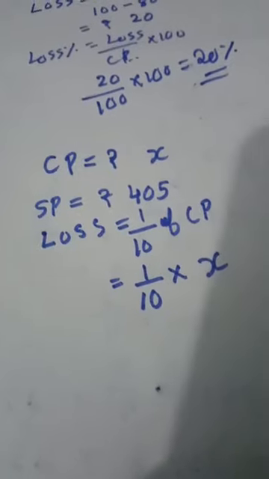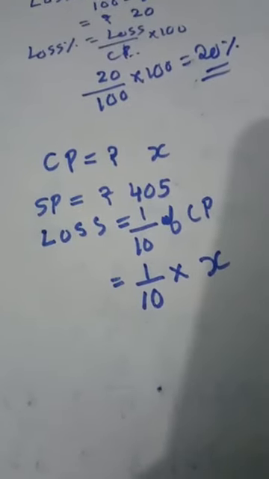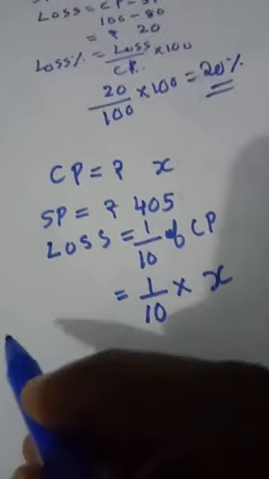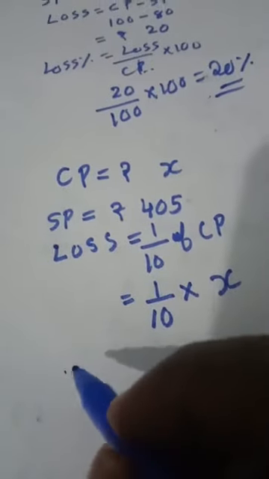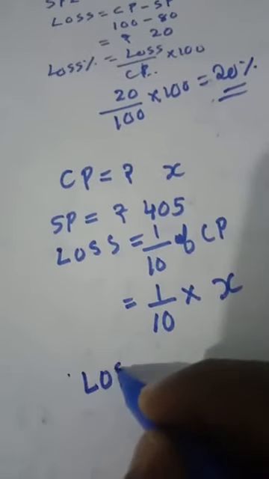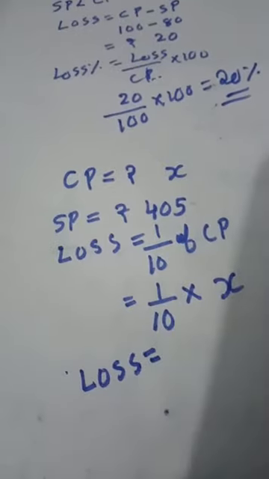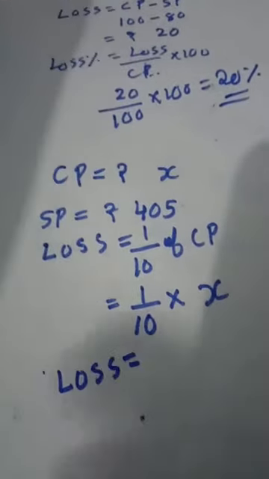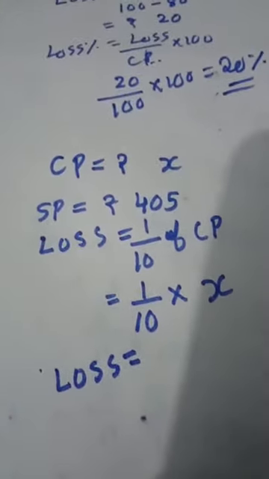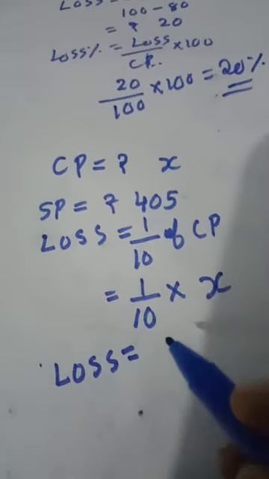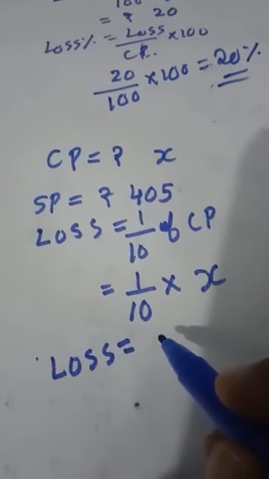We know one thing. It is given that there is a loss. How to find loss? Loss means CP is greater than SP.